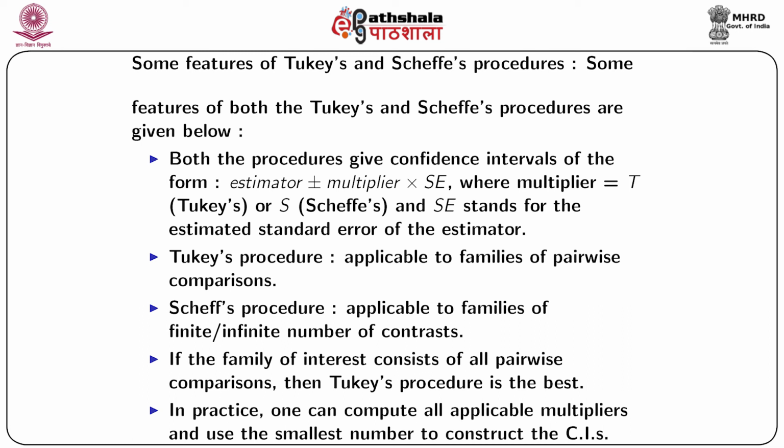However, Scheffé's is a more generalized approach, applicable to families of a finite or infinite number of contrasts. Pairwise comparisons can be considered as one form of contrast, but it's only that particular specialized contrast which can be tested using Tukey's method. However, in the case of Scheffé's, any contrast in which the sum of the coefficients equals 0 can be tested using this procedure.